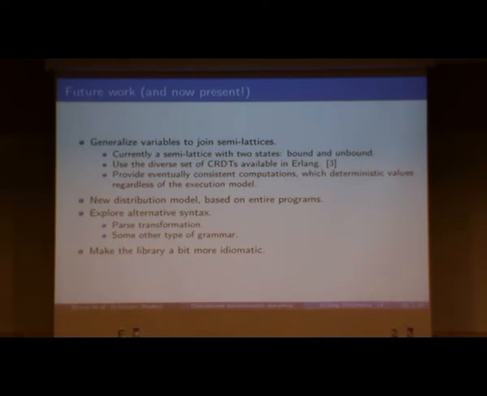So this idea of generalizing variables as joint semilattices. We said that we want the bounded join semilattices for the state-based CRDTs, but the mutable variables are essentially a semilattice with two states, the bounded versus the unbounded state.